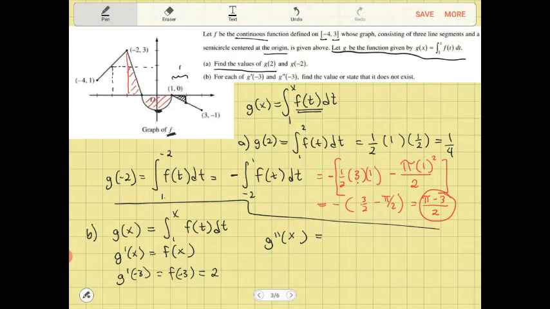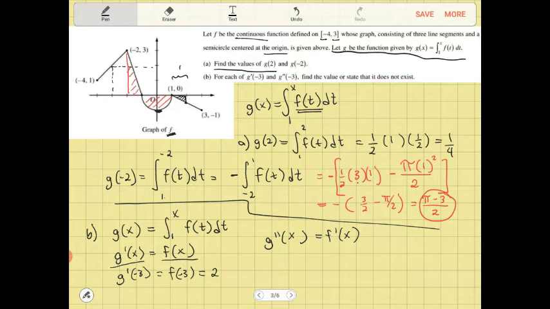Well, since the first derivative of g is f of x, then the second derivative of g is the first derivative of f. Does that make sense? Yep. This is just taking the derivative of a function. The derivative of f is f prime. The derivative of g prime is g double prime.